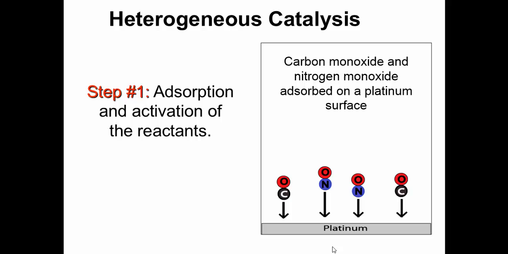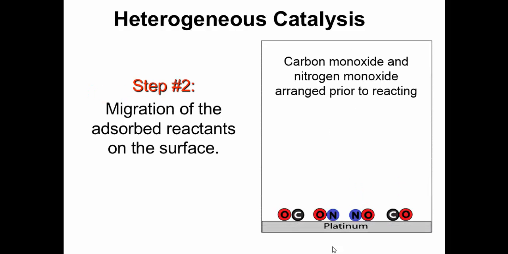It's important that this happens because it reduces the smog and air pollution. The carbon monoxide and nitrogen monoxide get arranged in a proper orientation. That proper orientation is made possible because those gases are held on a solid surface, which is solid platinum.